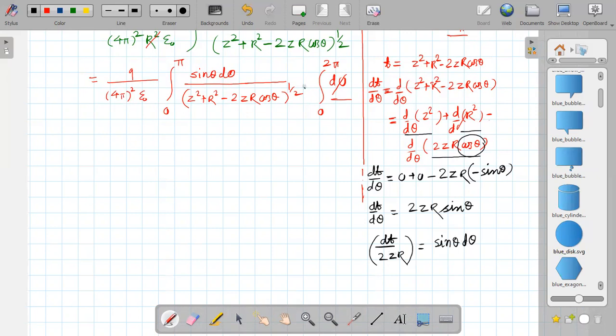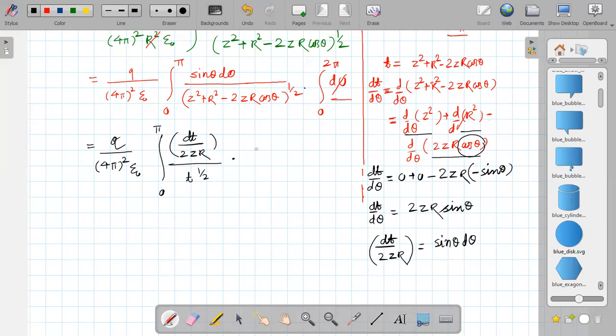Therefore this can be written as q upon (4 pi) square into epsilon 0. Instead of sine theta d theta, I can write dt upon 2zr, whole divided by t raised to half, integration 0 to pi.